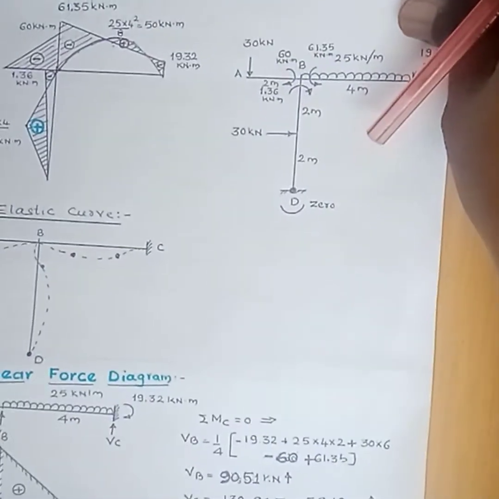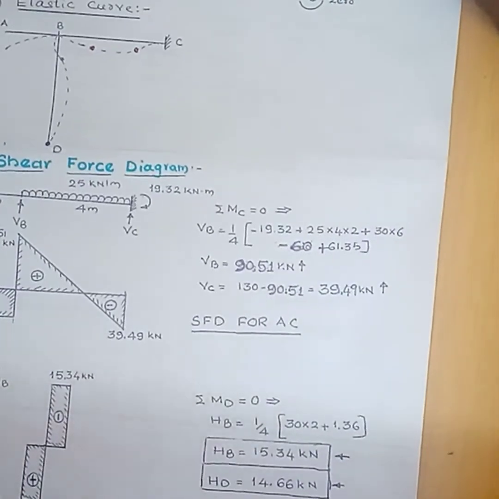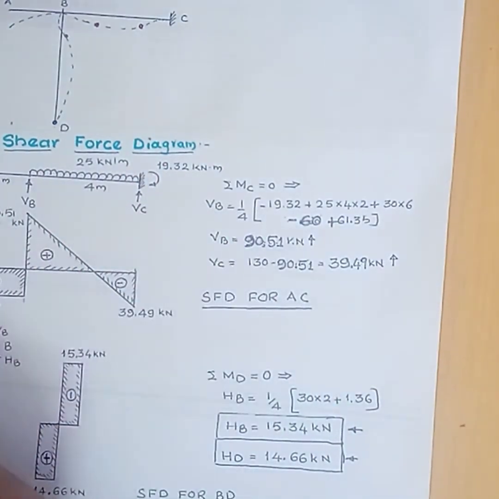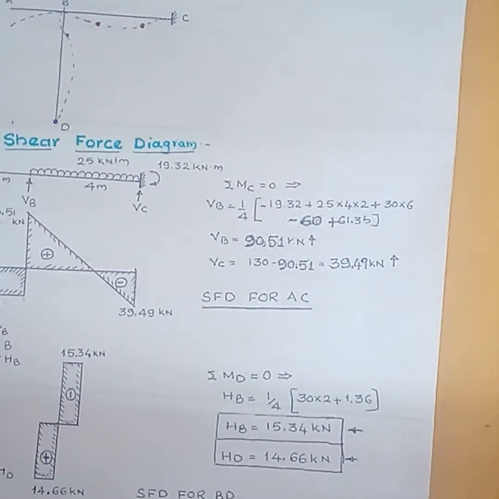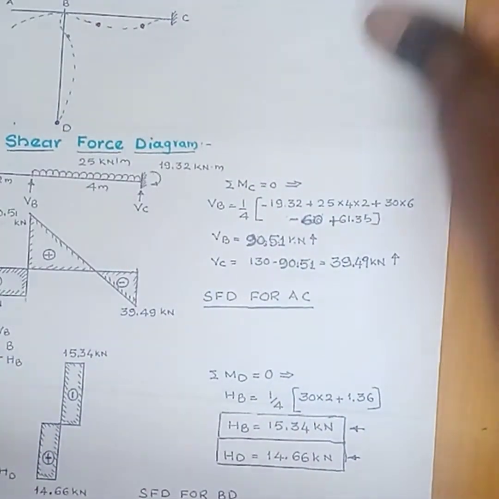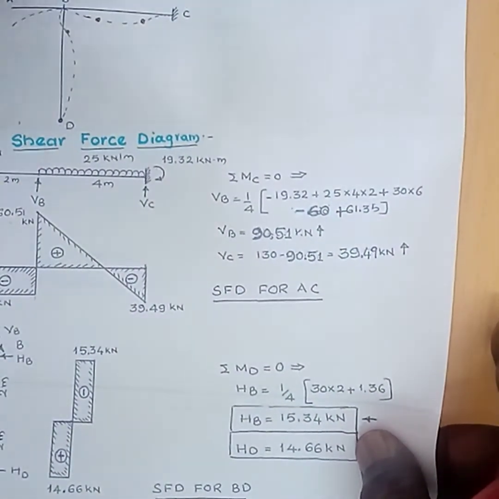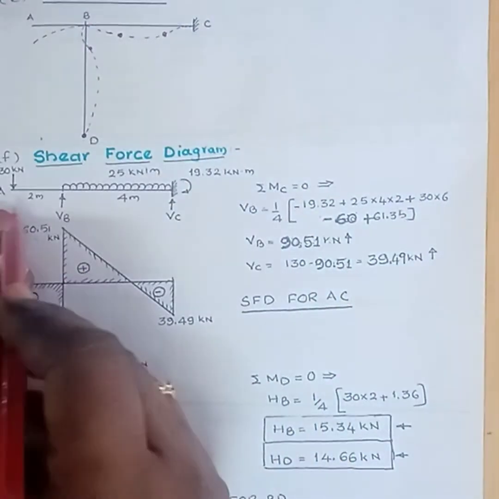First consider span A to C. Here this is subjected to a 30 kilonewton point load.